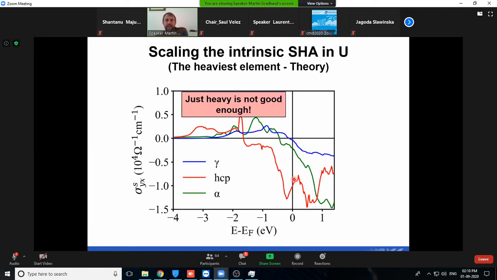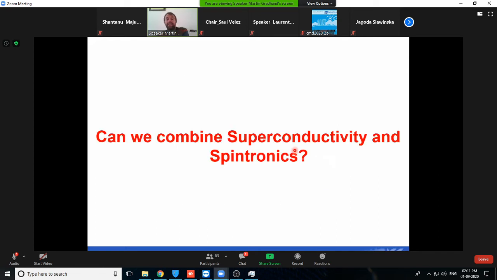There exists actually an experiment, and the experiment found an incredibly low spin-hole conductivity for uranium. So our prediction would be that this is mainly a BCC thin film they explored there, rather than what they assumed, the alpha crystal.